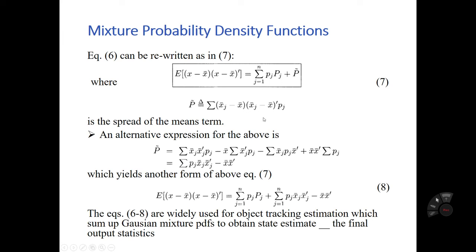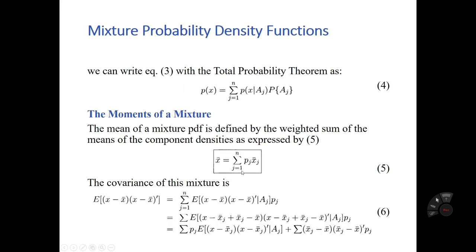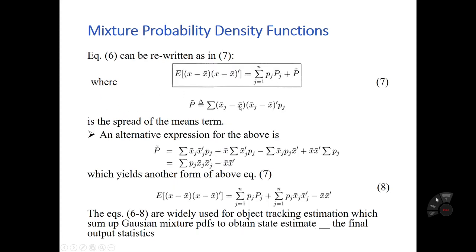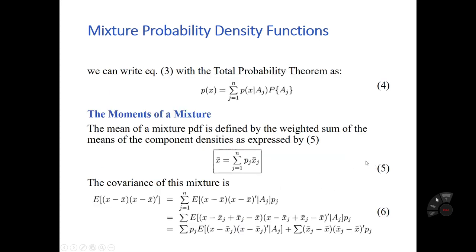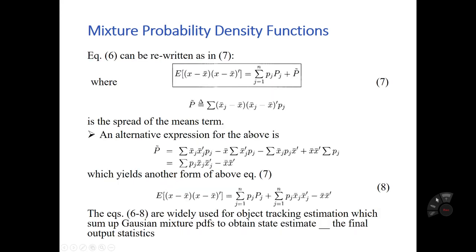We separate this part, because this thing is already calculated in equation 5. This sum of xj times xj bar, the mean of xj, and Pj are already calculated, so we will not calculate them again.